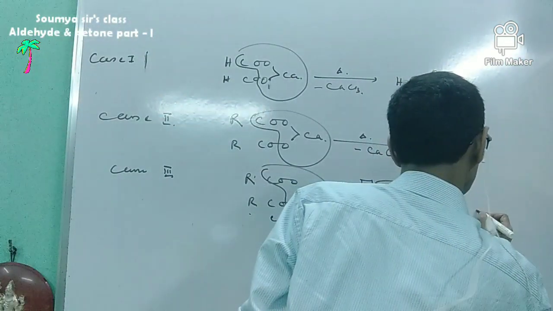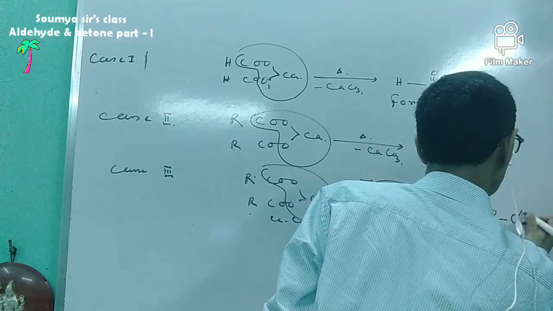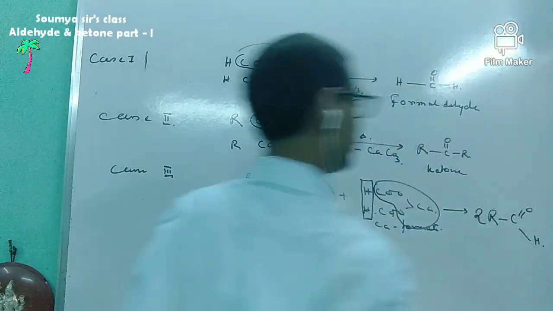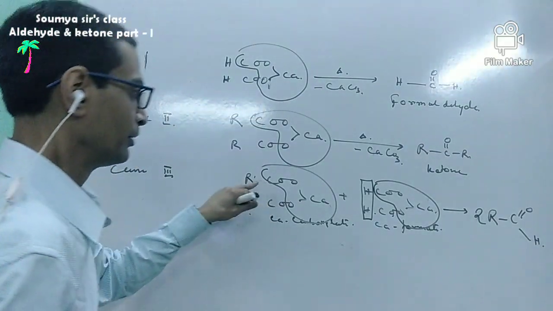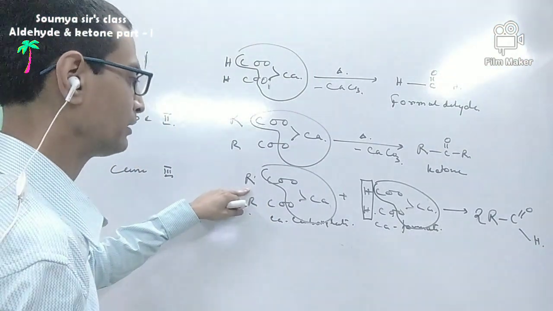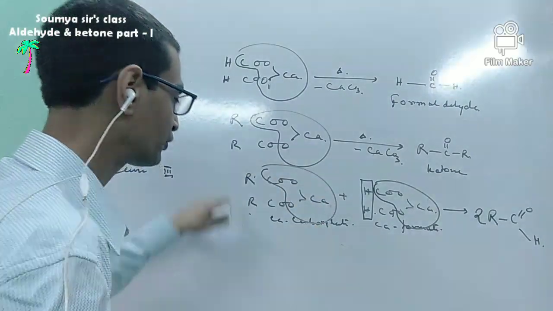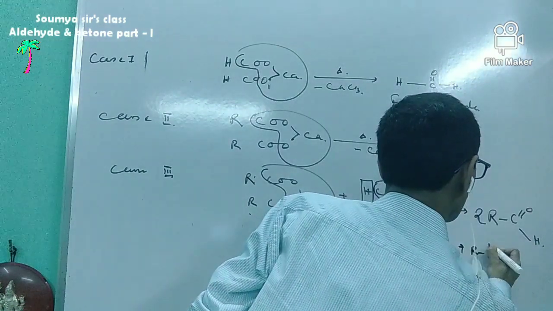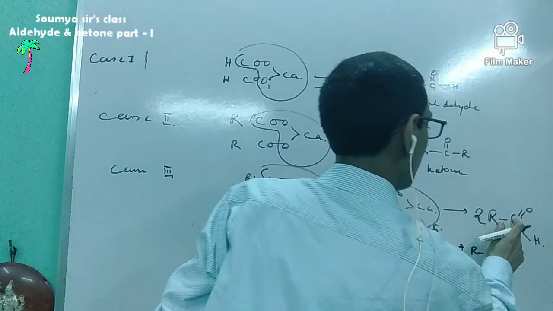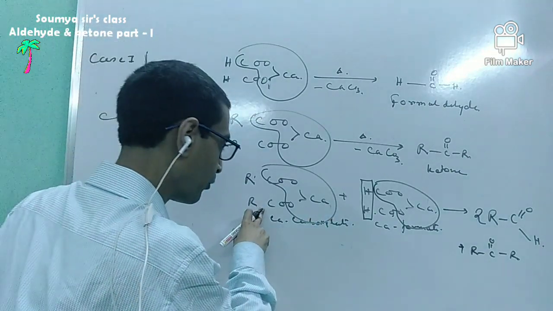So the mixture here, carefully observe this, on distillation itself gives ketone. So the mixture gives the product aldehyde, two molecules of aldehyde, and one ketone molecule, and as in the first case the calcium formate will form formaldehyde.